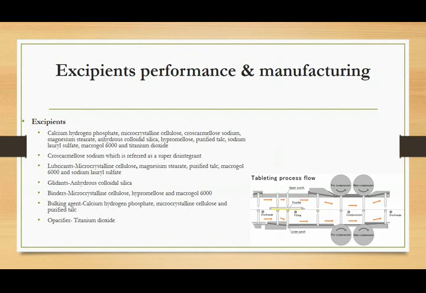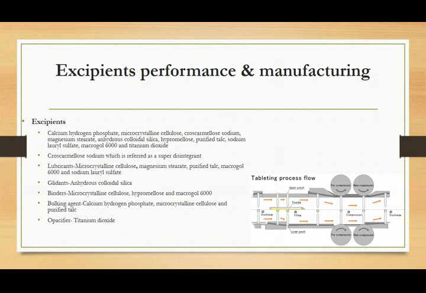It's referred to as a super disintegrant, which is a water-insoluble and cross-linked substance. When it meets with water, it will swell and disintegrate the tablet rapidly, resulting in a fast dissolution. Microcrystalline cellulose and anhydrous colloidal silica also have disintegration properties to aid the dissolution process.